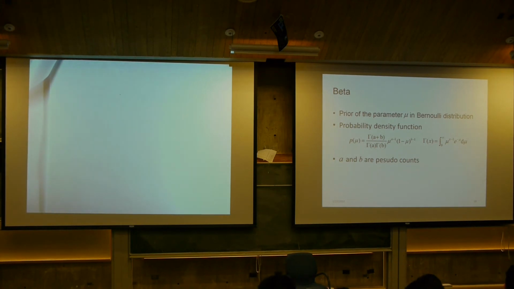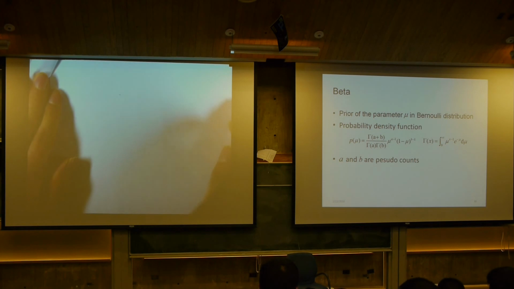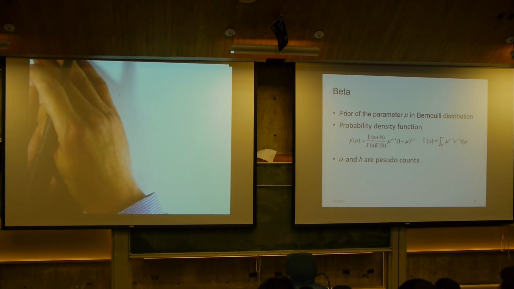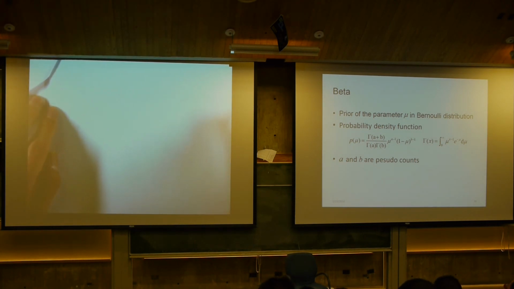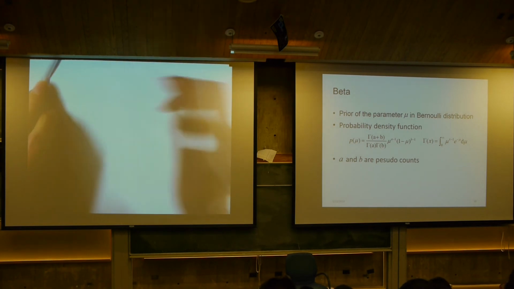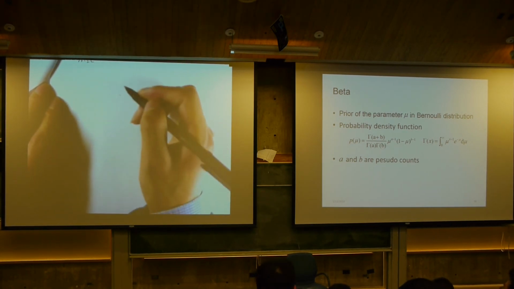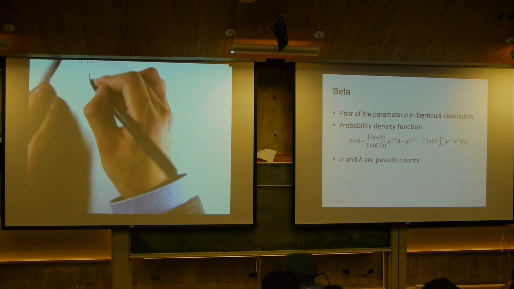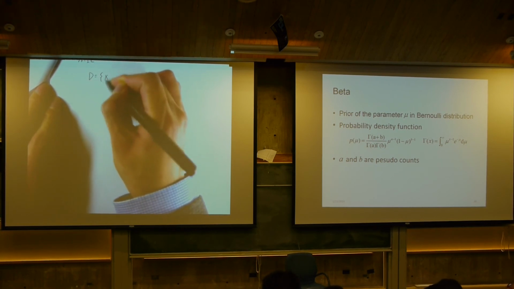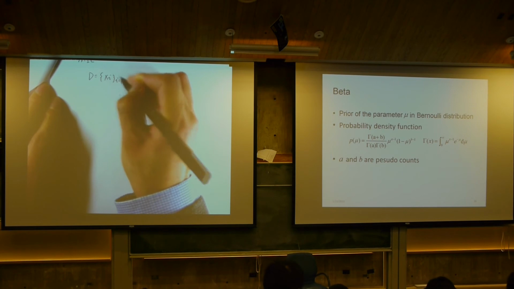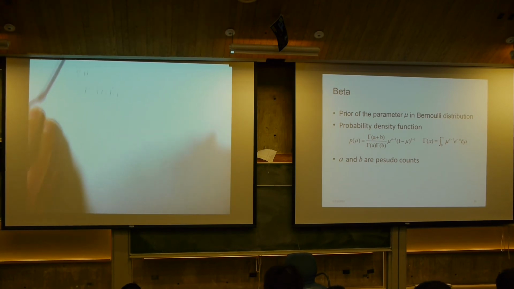Now let's slow down a little bit and talk about the MLE and the MAP estimation of the parameter mu in Bernoulli distribution. Remember that in MLE, the setting is like this. We have a data set which contains n samples.